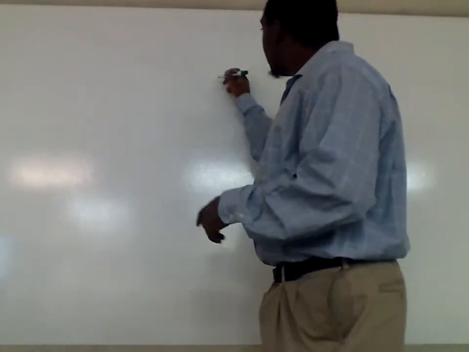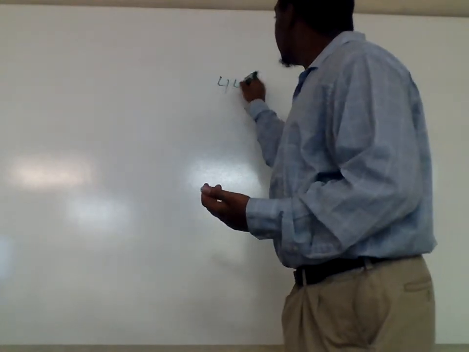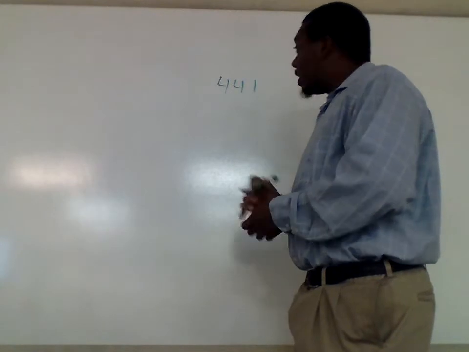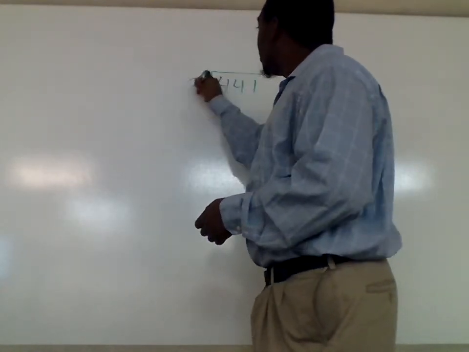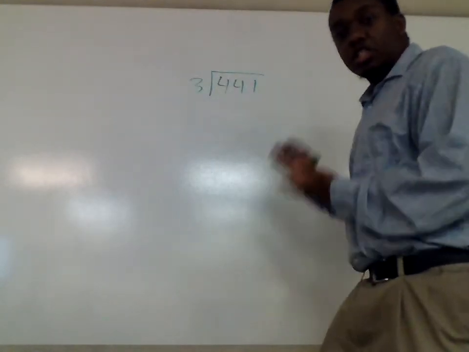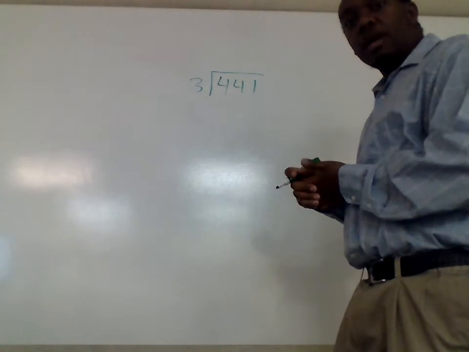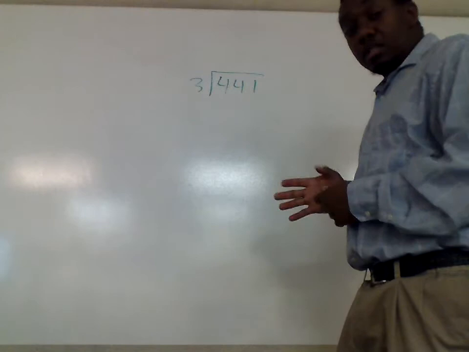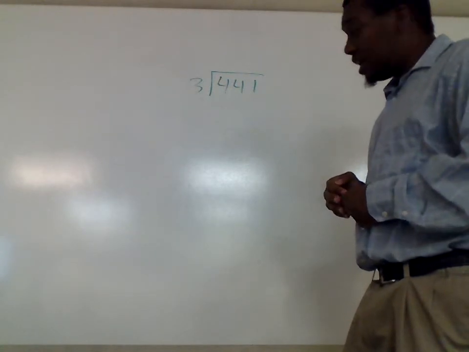So I'm going to use a simple number here. Let's use 441, and we're going to divide it by 3. Now, this is the traditional way that you were taught to write division in school. And that is completely fine. And I completely understand that.